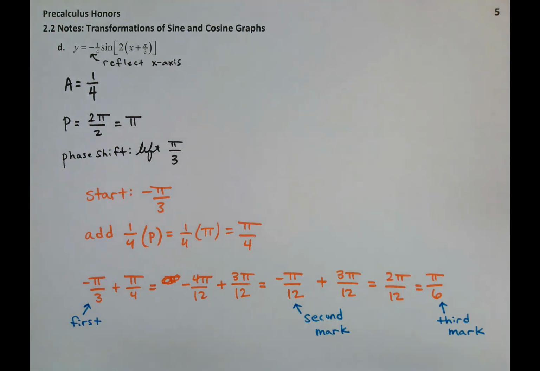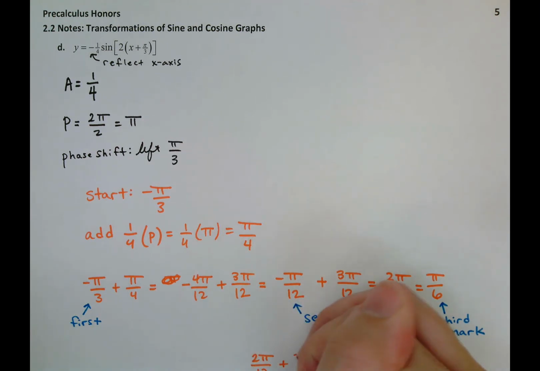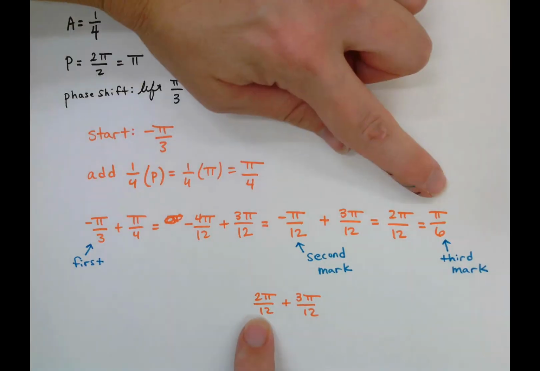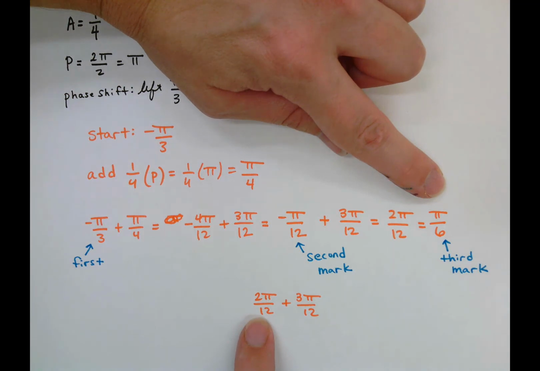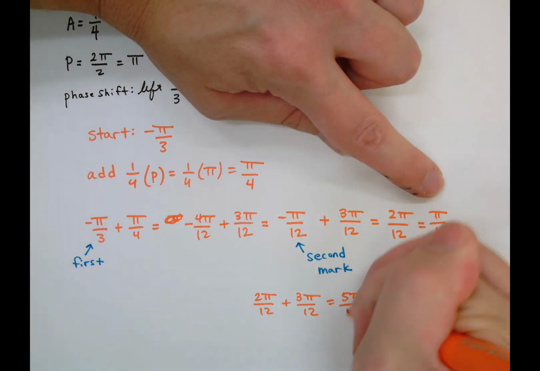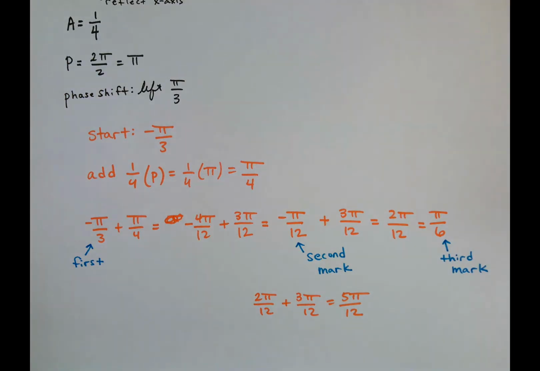And so to get my fourth tick mark, I would take that 2 pi over 12 and add another 3 pi over 12. So 2 pi over 12 is just my third tick mark, right? From pi over 6, it's just the same thing as 2 pi over 12. Adding a fourth of the period again gives me 5 pi over 12. And that does not reduce. That's my fourth mark.